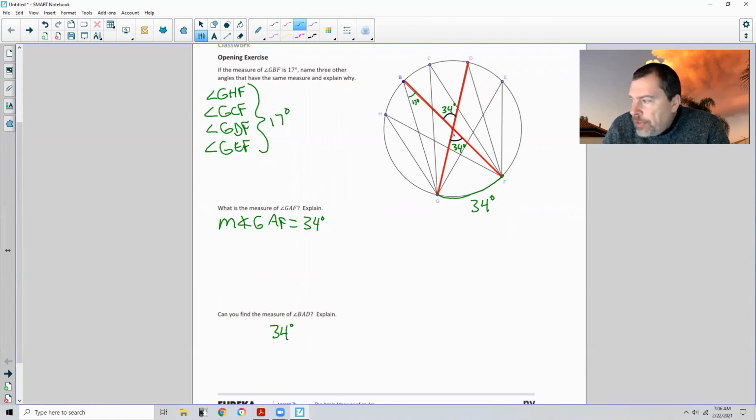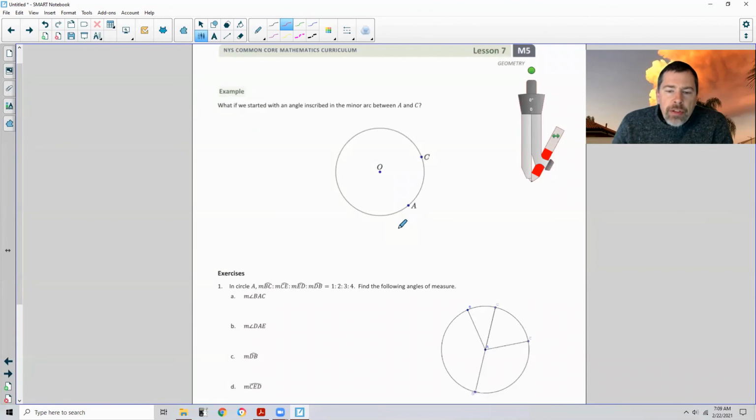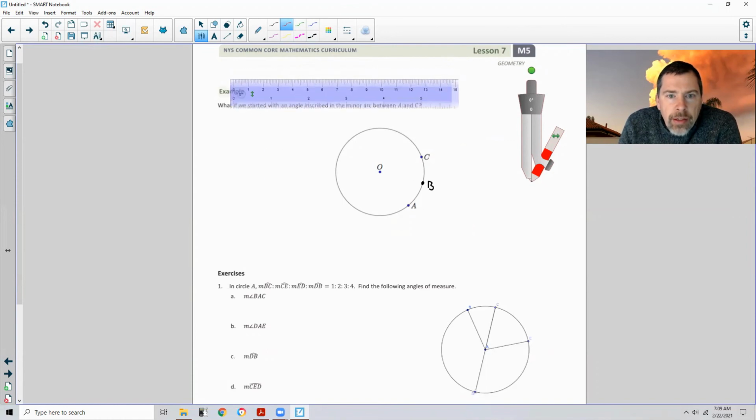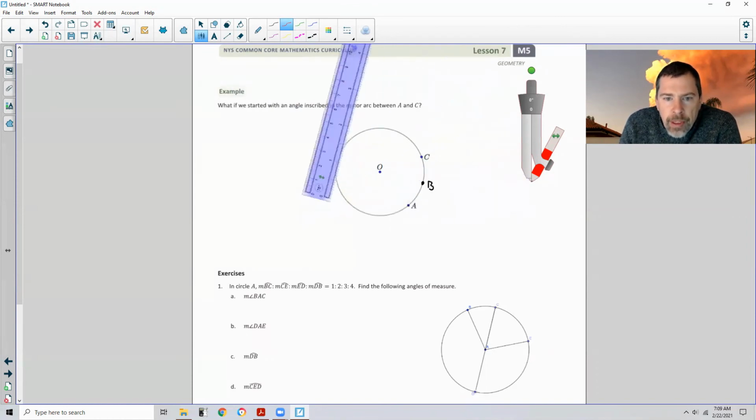Okay, page 2. They give us circle O with points A and C on the circle. It says, what if we started with an angle inscribed in the minor arc between A and C? So we're going to begin by putting another point on the circle in between A and C, and I'm going to call that B. Then take a ruler and draw segment BC.